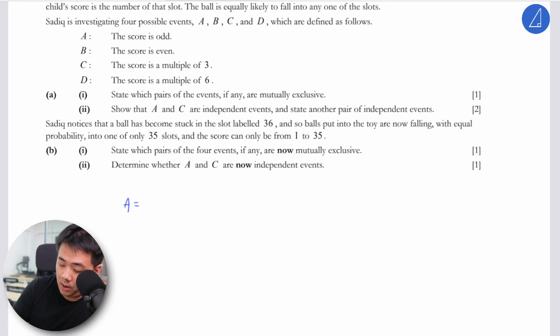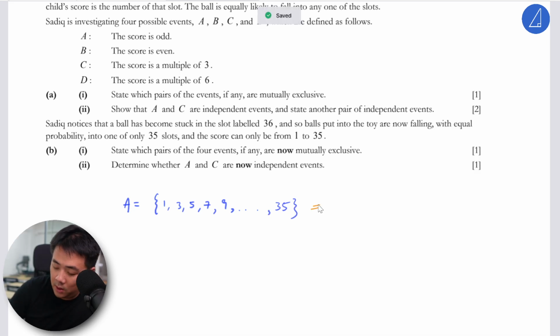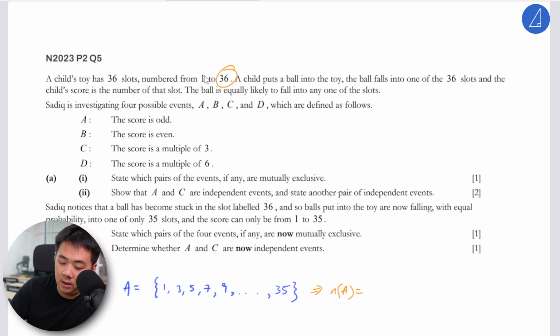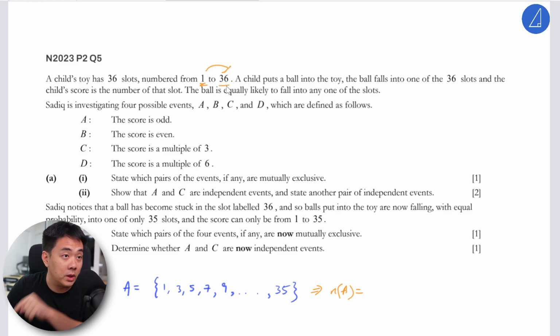Score is odd. You need to know how many odd numbers there are: 1, 3, 5, 7, 9, all the way to 35. You have 36 numbers here, from 1 to 36.